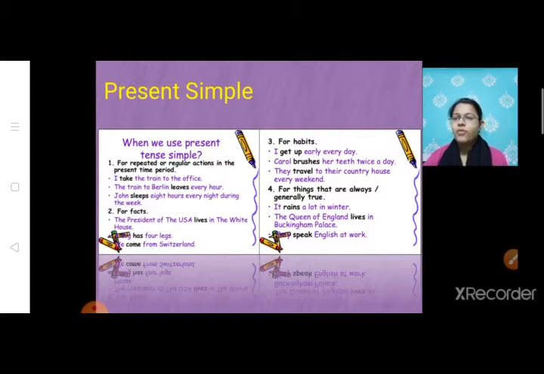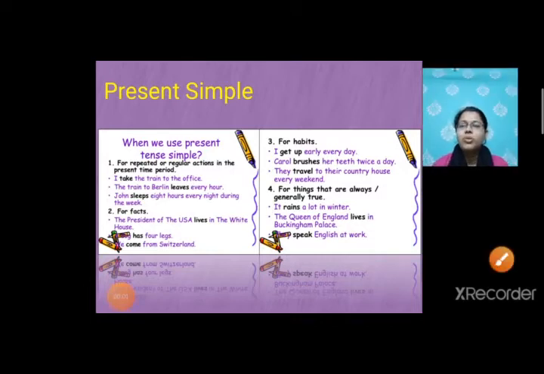That is also a fact, and so we are going to use present tense. When we are talking about something which is a fact, for example, the earth moves around the sun, this is a universal truth and it is also a fact. So when we are talking about universal fact or truth, then we have to use present tense.